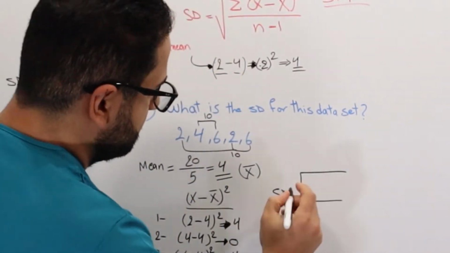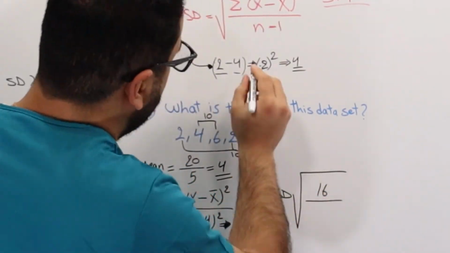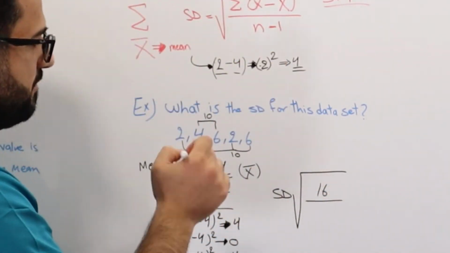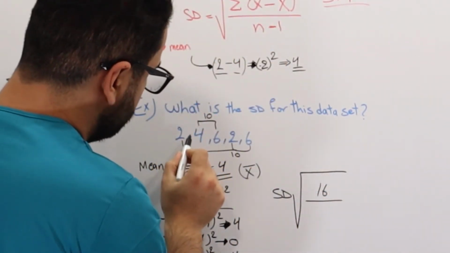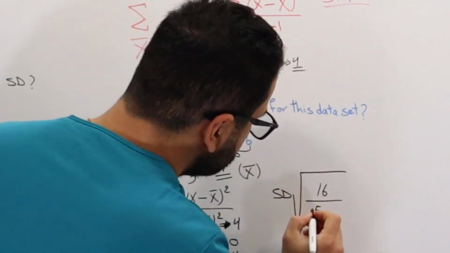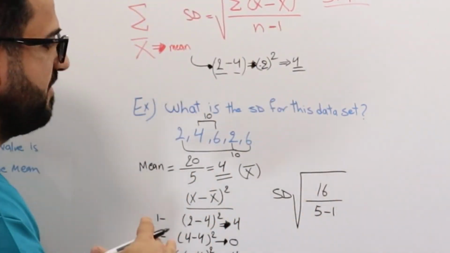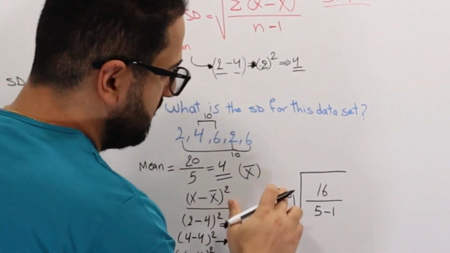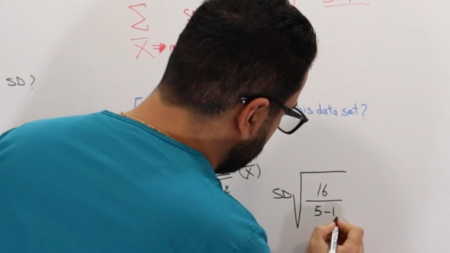The sum is 16. N is basically the number of data points, so we have 1, 2, 3, 4, and 5. Minus 1, because it's a sample, it's not the entire population. Minus 1, so this is going to be 4.